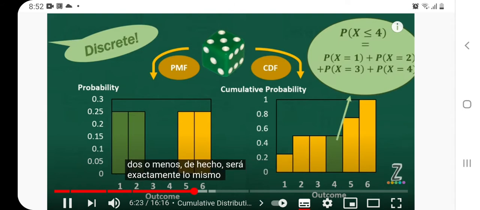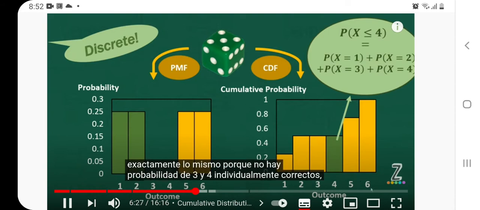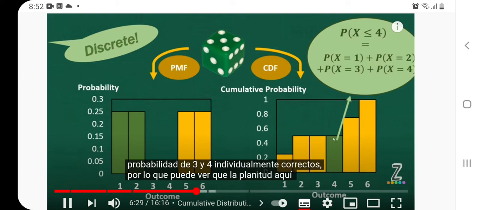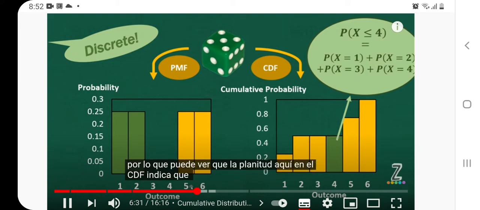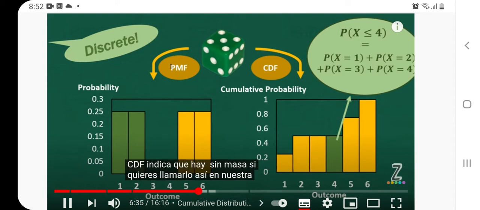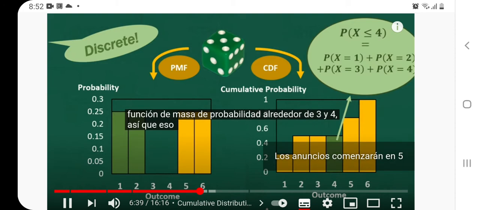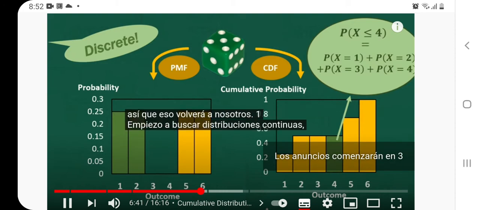In fact, it's exactly the same because there is no probability of 3 and 4 individually, right? So you can see that flatness here on the CDF indicates that there is no mass, if you want to call it that, in our probability mass function around 3 and 4. So that's going to come back to us when we start looking at continuous distributions.